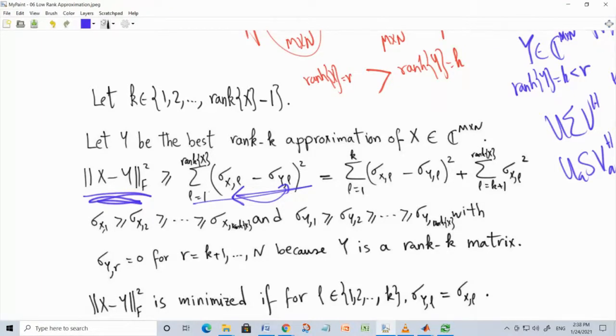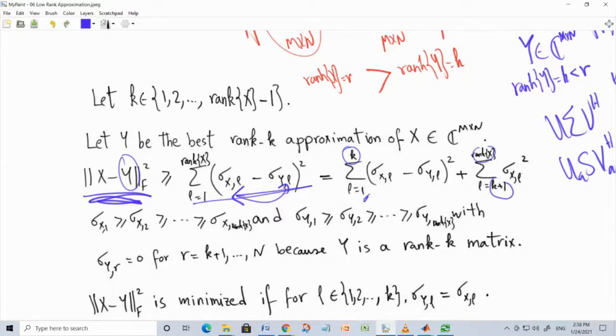Now, you split this summation into two parts: a summation from 1 to K, and another part where the index goes from K plus 1 to the rank of X. Remember, the rank of X is R, and K is strictly less than R. Because we want matrix Y to have a rank of K, the number of strictly positive singular values of Y should be K. So the singular values of Y above K are all equal to 0.